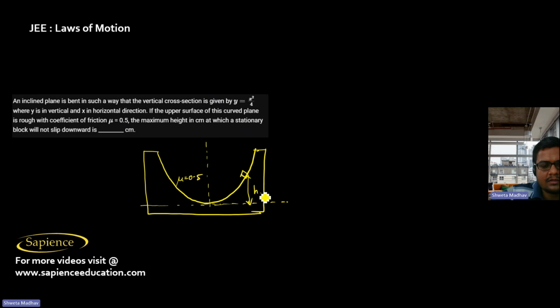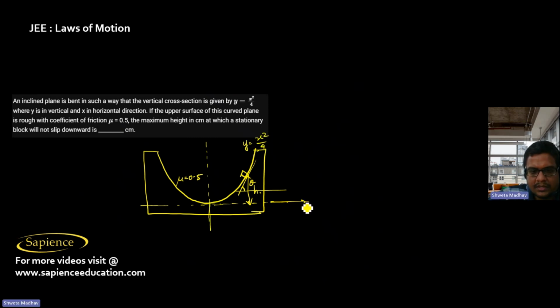This is the height. So at this height, the angle that is theta, this angle is theta, is y equal to x square by 4.